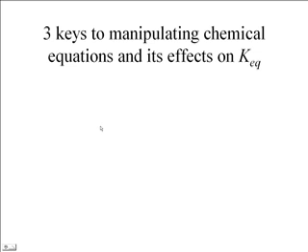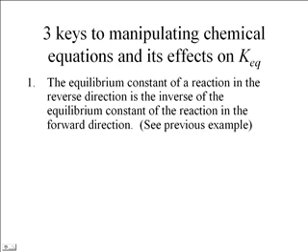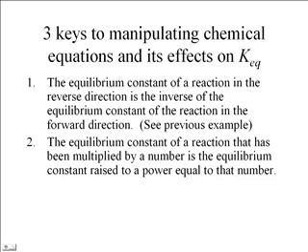Okay, so just like how we just saw, you can manipulate chemical equations, and that will affect the value of KEQ. If you flip an equation around, it is the reciprocal of that equation. The second one is if you take a reaction and you multiply it by a number.